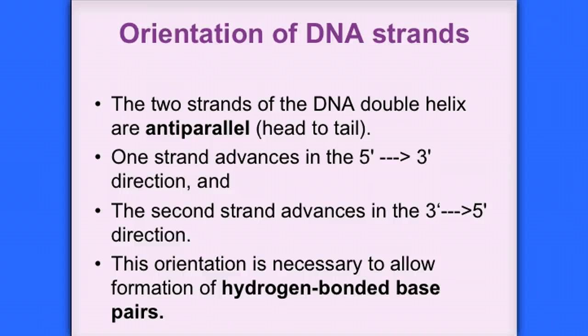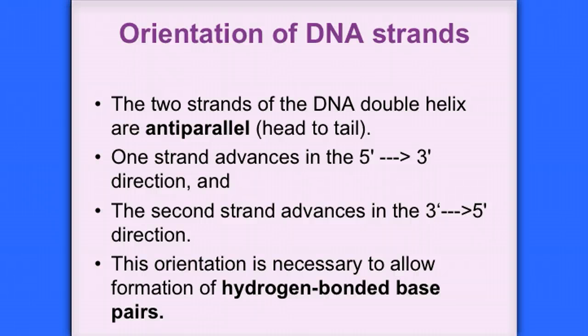Yes, if one DNA strand on the left happens to run from 5' to 3', then obviously to fit in the other strand on the right with hydrogen bonds, it has to be from 3' to 5'. So if one happens to be 3' to 5', the other would be 5' to 3', or vice versa.